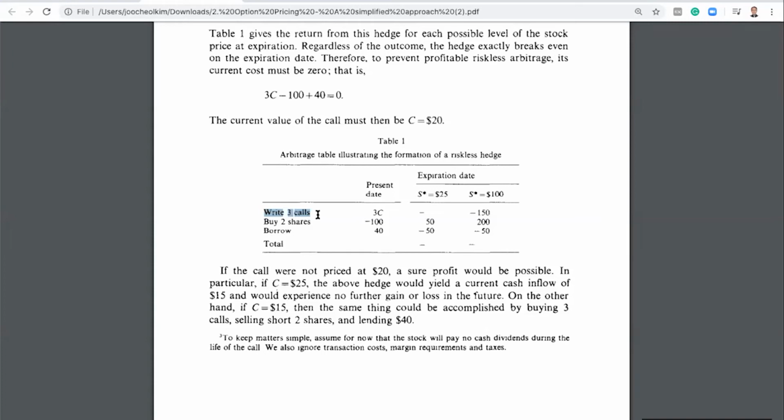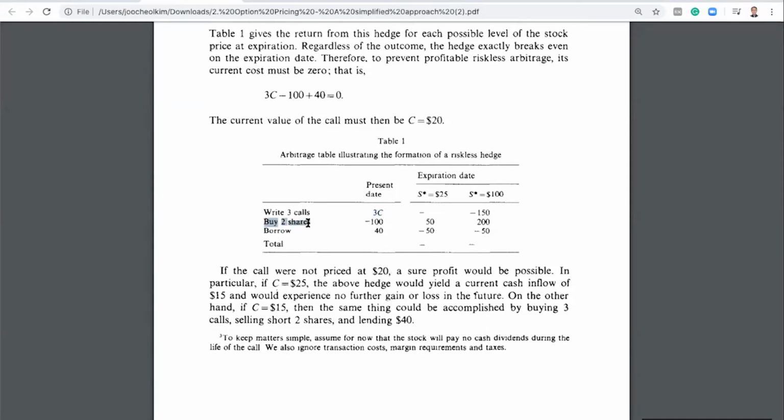But since I'm going to sell 3 of them, please think about this money from the cash flow point of view. Later, we are going to use another point of view, but right now we just think about it as a cash flow. Since you sell 3 call options, you will get 3C. That's a positive number, so I take the money into my pockets.